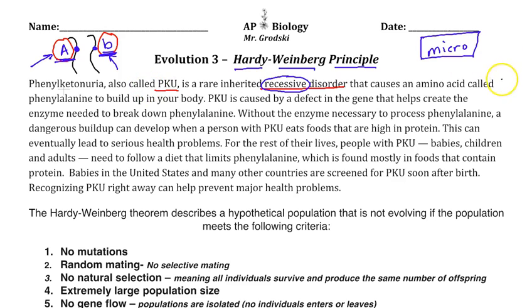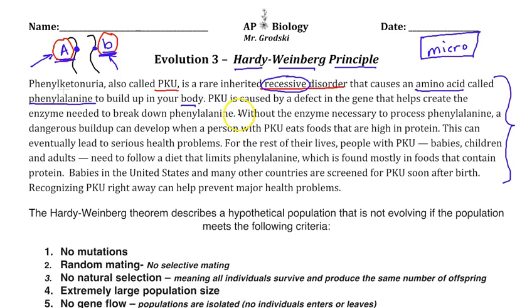So as I talk about today, about PKU being a recessive disorder, let's talk a little bit about it because it's important you realize that these genes on this chromosome at a certain spot, loci, code for amino acids that build proteins. So in any case, this rare inherited recessive disorder causes an amino acid called phenylalanine to build up in your body.